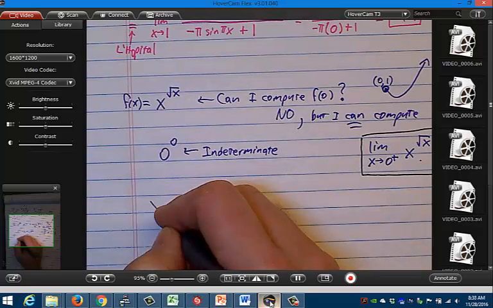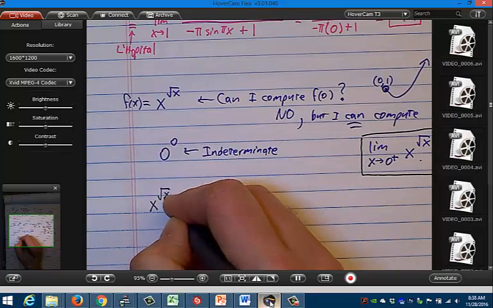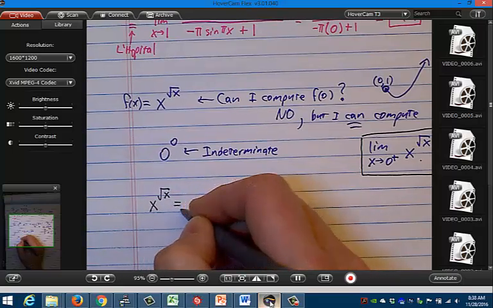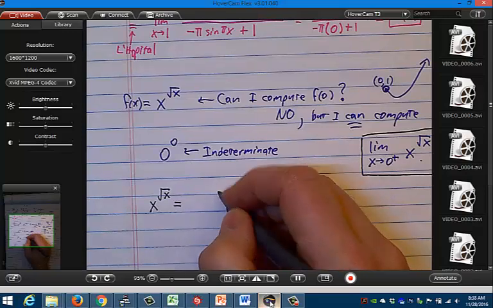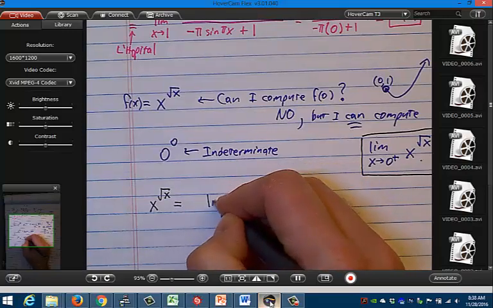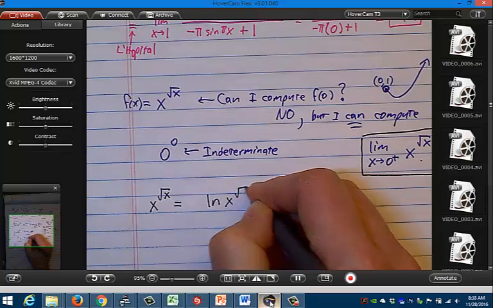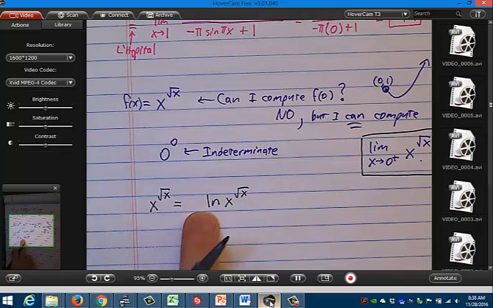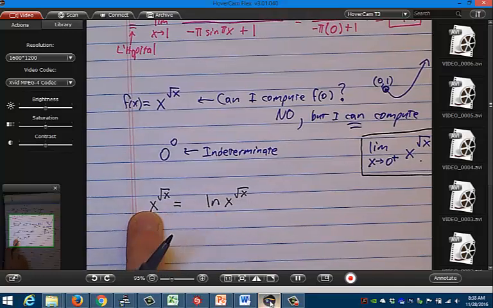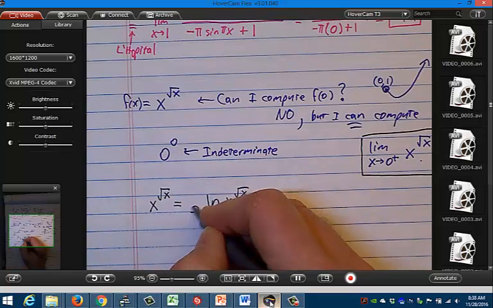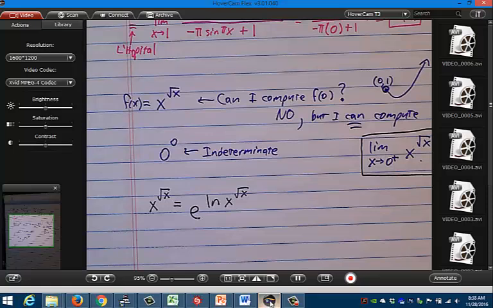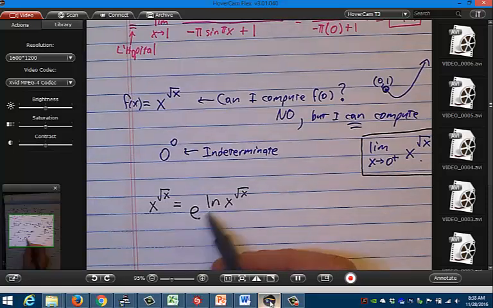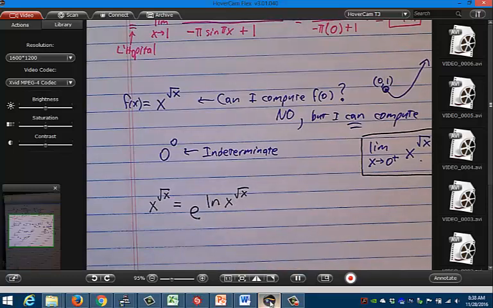I'm going to say that x to the square root of x is equal to, so I'd like to take the natural log of x to the square root of x. But those aren't equal, right? If you take the natural log of something, it's not equal to what it was before. But you're allowed to do this, e to the, because they undo each other. We know that this is the inverse of the natural log function.